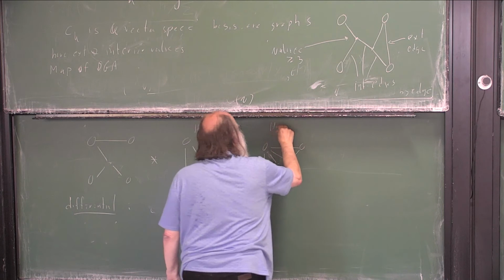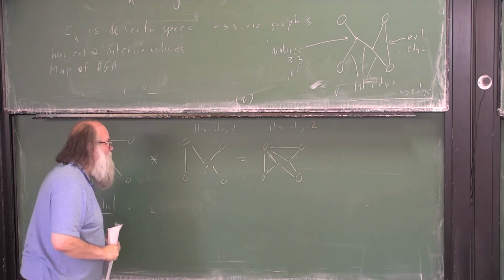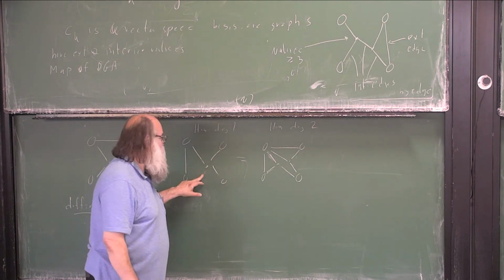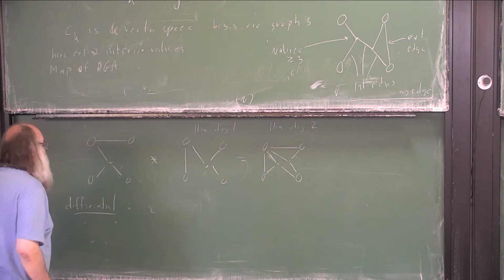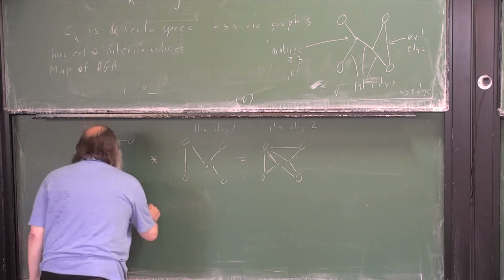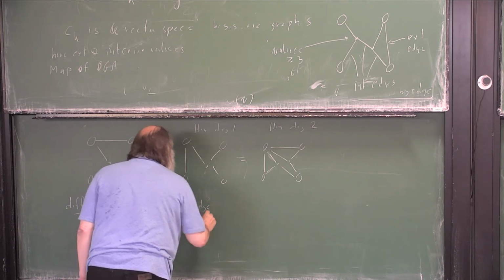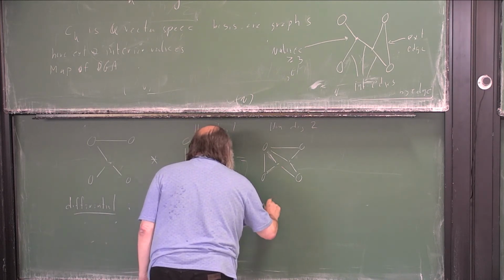This is in homological degree 2. And the differentials go from higher homological degree to lower homological degree, and they are given by collapsing. So collapse each edge and add.